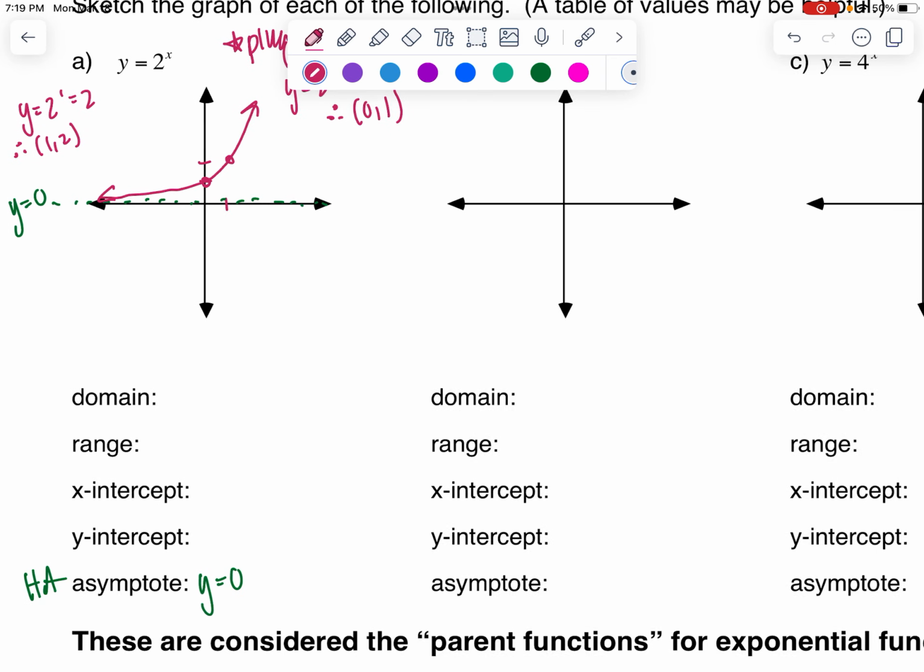The domain is going to be negative infinity to infinity. The range is going to be 0 to infinity. Again, it gets very, very close to 0 but never actually touches it, so it is going to be a soft bracket. In this case, there are no x-intercepts, and our y-intercept is at 0, 1.